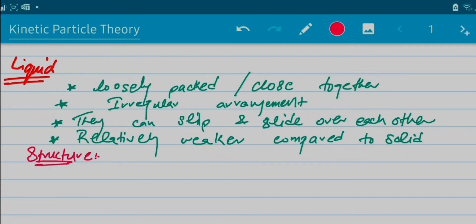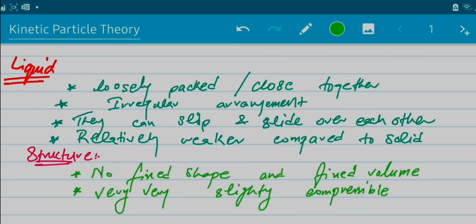Now, to define the structure of a liquid, they have no fixed shape, and they have a fixed volume. Remember, questions sometimes ask about the difference between the structure of a solid particle and a liquid particle. So you can write these two points.